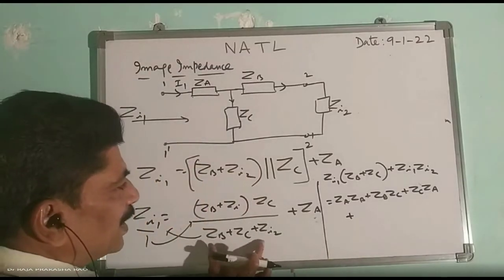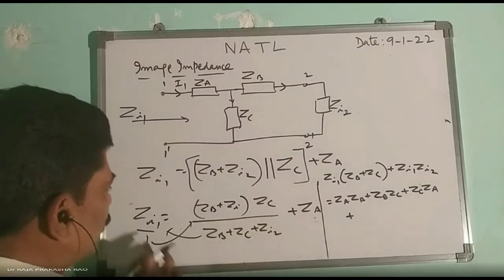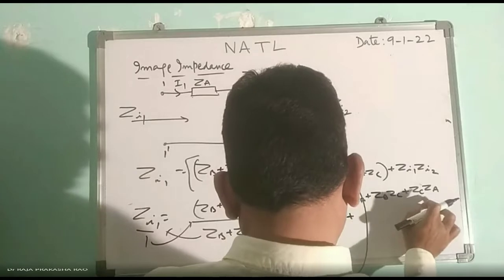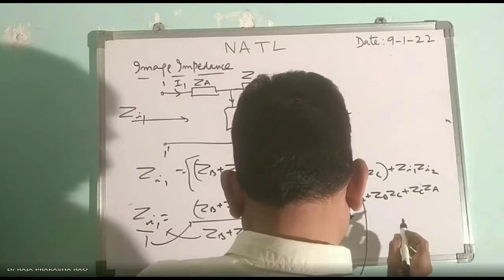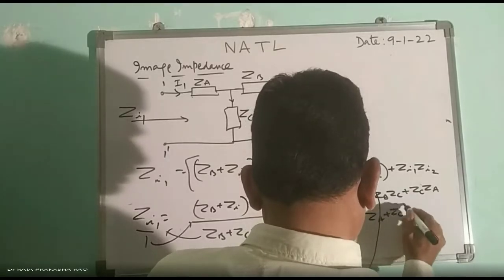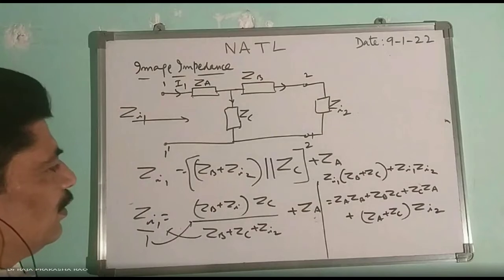This denominator is multiplied with ZA and then numerator is added. Denominator will be same. It is moved to LHS. So here it will be ZA ZB plus ZB ZC plus ZC ZA plus ZA plus ZC into ZI2. Okay.